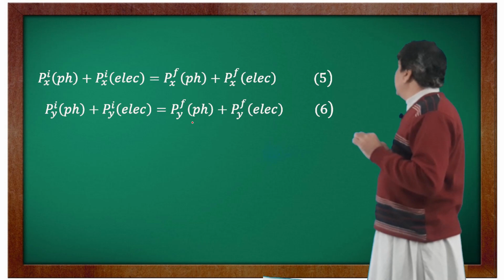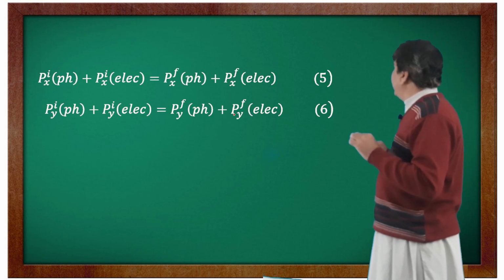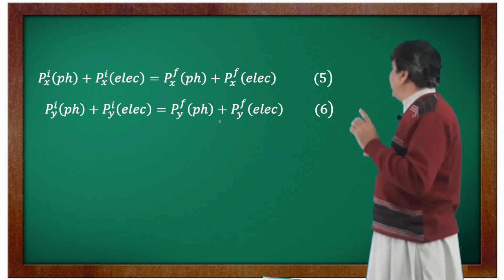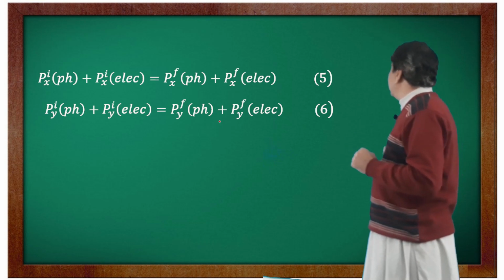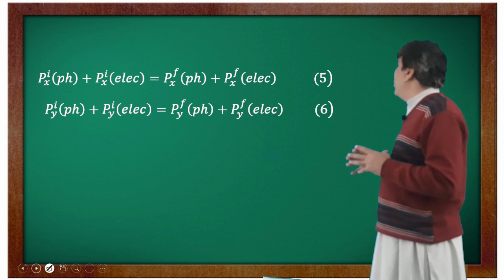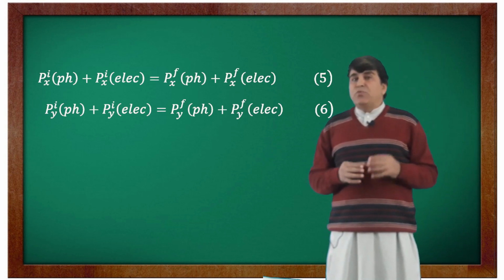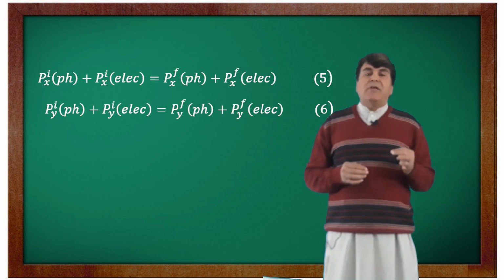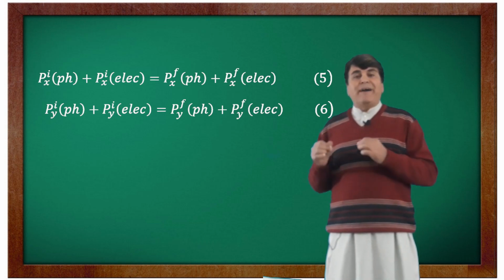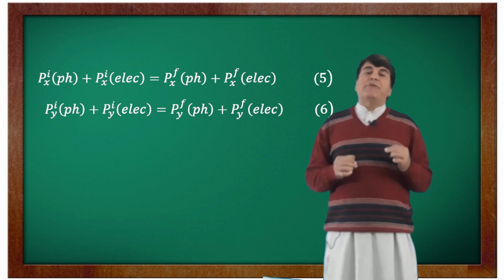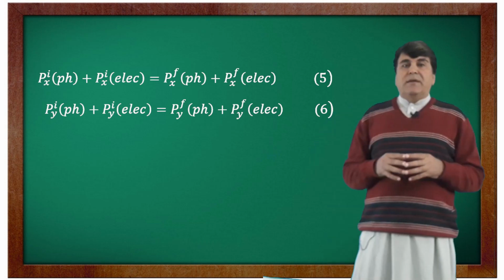Similarly, in equation 6, I sum the initial momenta of photon and electron along y-axis, and at the right side, I sum up the final momenta of the two particles along y-axis. In order to solve these equations, we need first to find the momenta of the two particles along x and y axes, both before and after the collision.